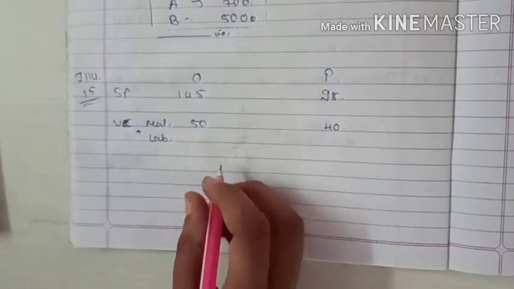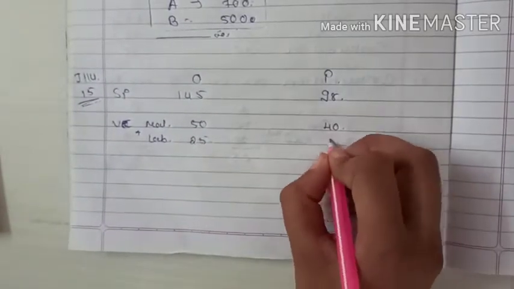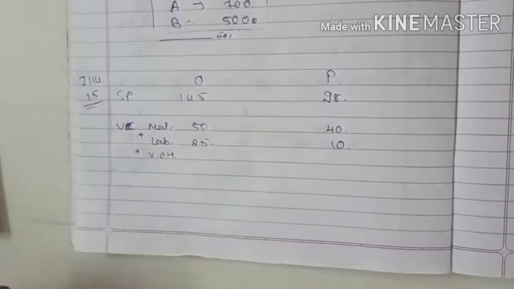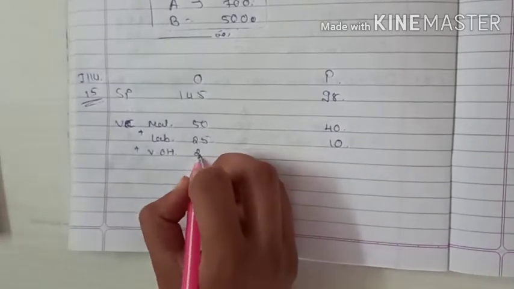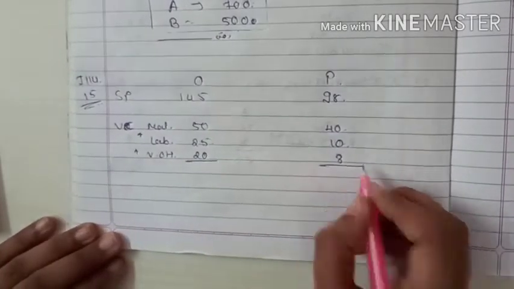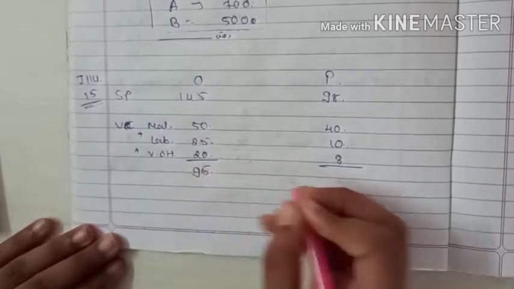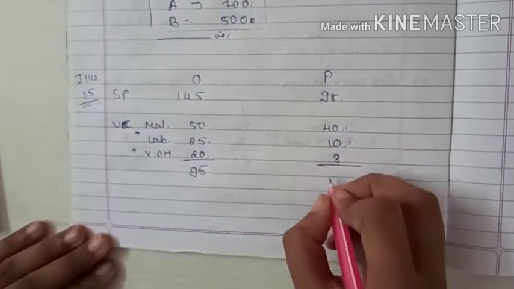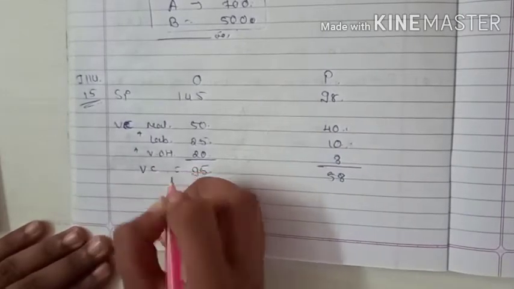So 25 into 1, it will come 25, and 10 into 1, it will come 10, plus variable overhead. So 80% of the direct wages. So 25 into 80%, it will come 20, and 10's 80%, it will come 8. So total variable cost would be 50 plus 25 plus 20, it will come 95. And for P, variable cost is 40 plus 10 plus 8, it will come 58. There is the variable cost.